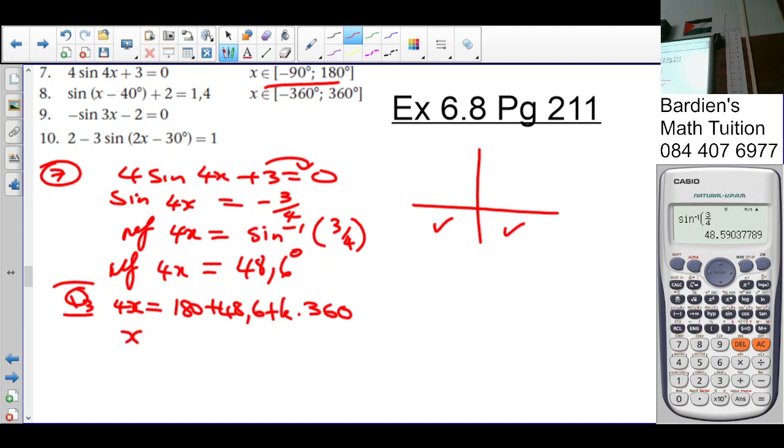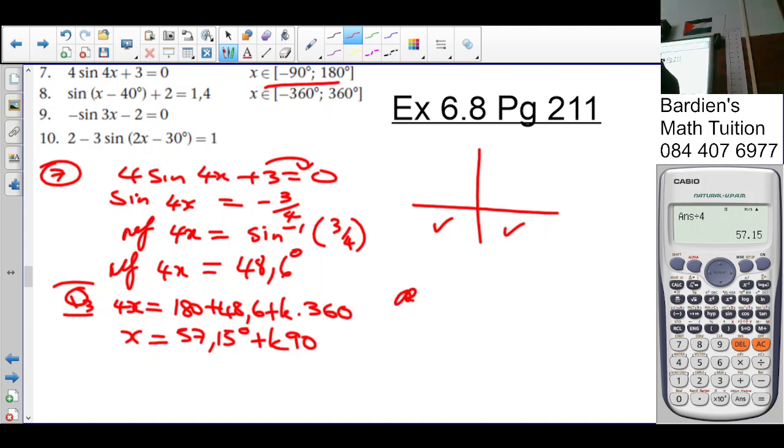Alright, so we put that in our calculator. We say 48,6 plus 180 divided by 4 gives me 57,15. So x is equal to 57,15 plus k times. Remember now that was also divided by 4. K times 90. Remember it goes throughout.